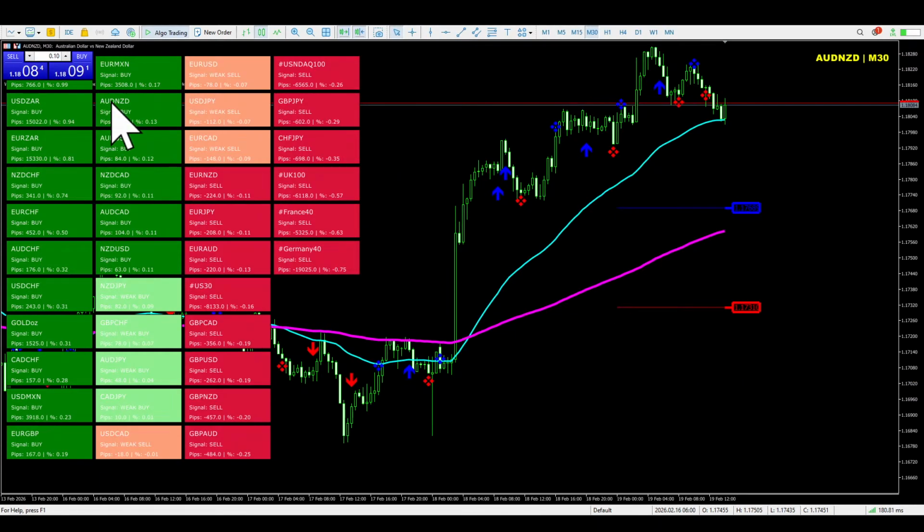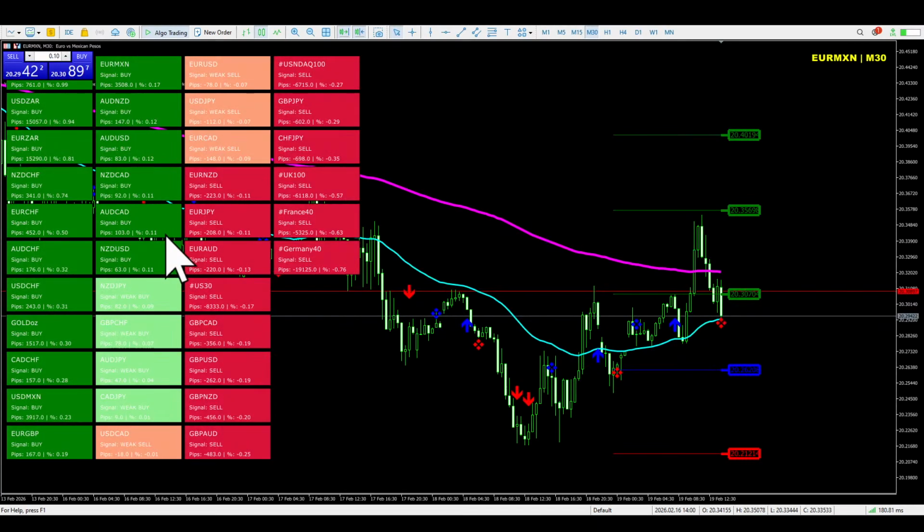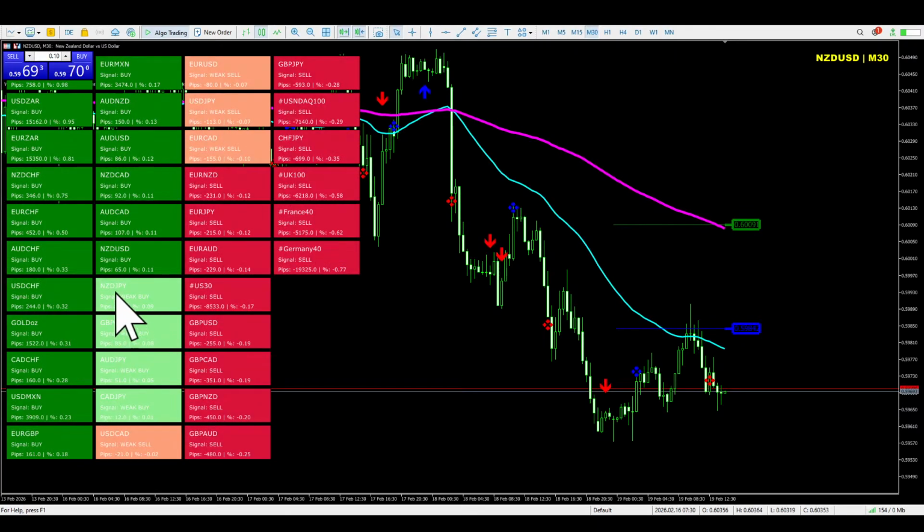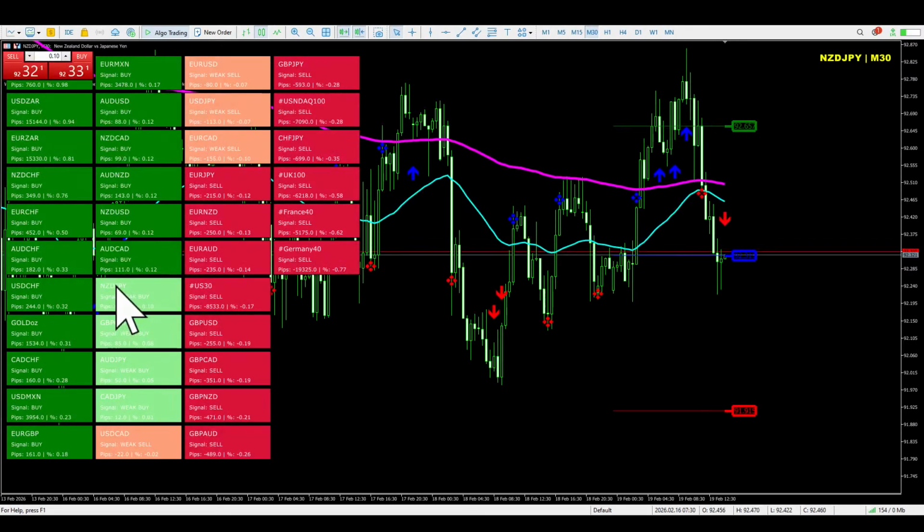So that's basically what we're looking for, guys. What makes this system work is that we are following the markets which are trending. With this we're able to quickly identify which markets we are supposed to be analyzing and which markets we are supposed to be ignoring.